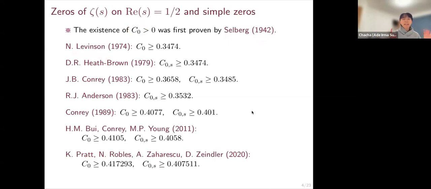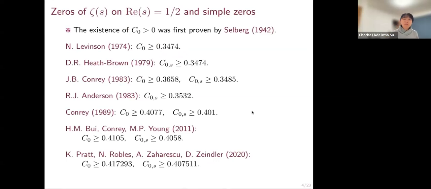He said there is at least a third, but actually he proved something bigger than a third: 0.3474, which is more than 34% of zeros lying on the critical line.